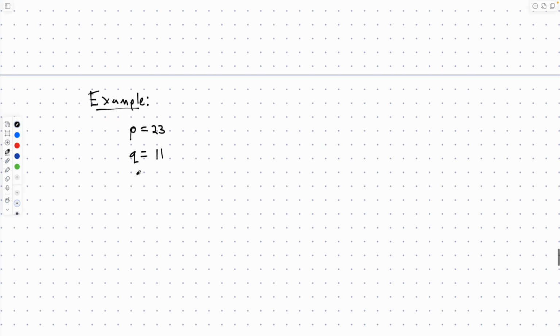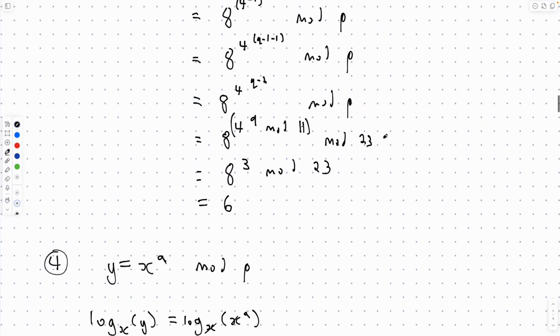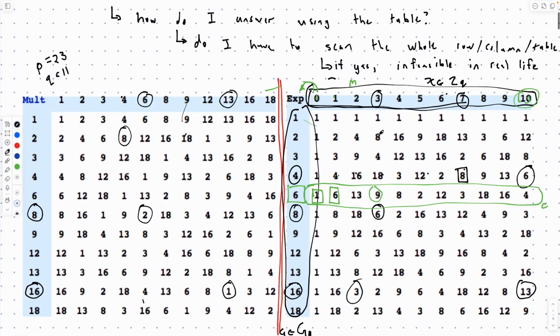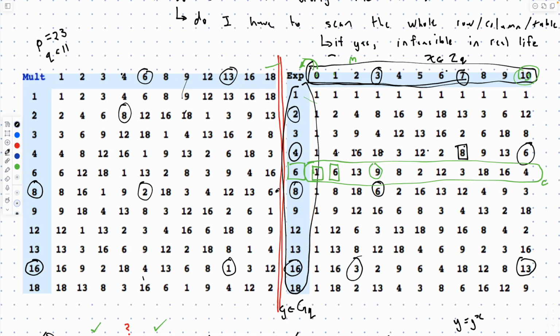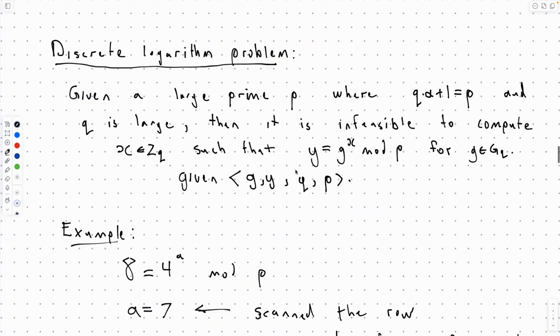Okay? G is going to be a generator from GQ. Normally we choose the smallest one. That's normal, because usually you're searching for them anyways. Well, I shouldn't say that's normal. But anyways, we'll always use the smallest one. Okay? So the smallest generator is 2. So we'll say G equals 2.